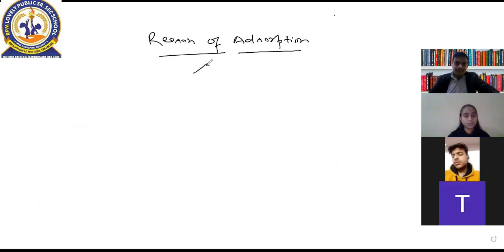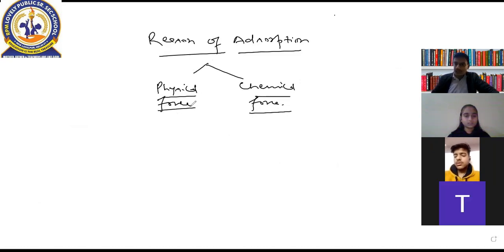There are two reasons: the formation of physical force and the formation of maybe chemical force. Both forces of attraction may take place simultaneously, or in different cases a different force of attraction. It may be at the same time, it may be at different times also. Okay. What is the physical force of attraction?